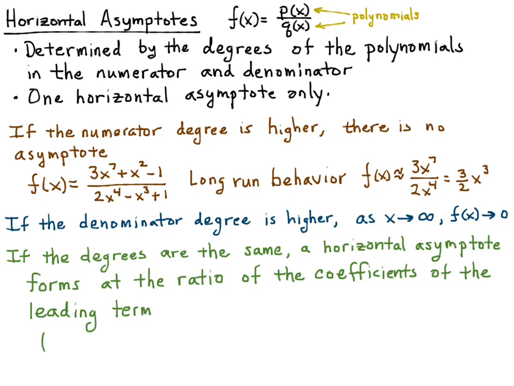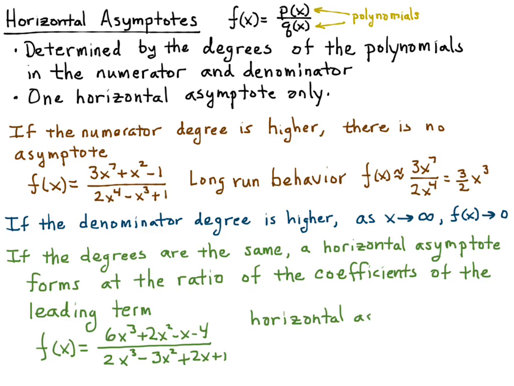Let me give an example here. If we have a polynomial in the numerator that's 6x cubed plus other things, divided by a polynomial 2x cubed plus other things, they have the same degree, and so the horizontal asymptote is going to form at 6 divided by 2, or y = 3. So you can just draw your dashed line right across y = 3.